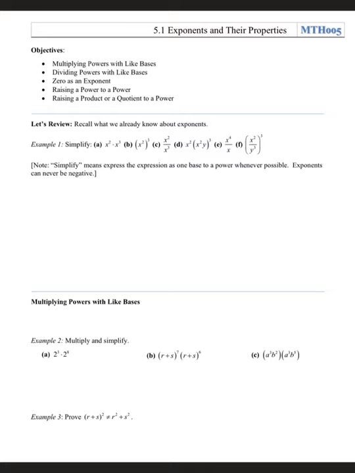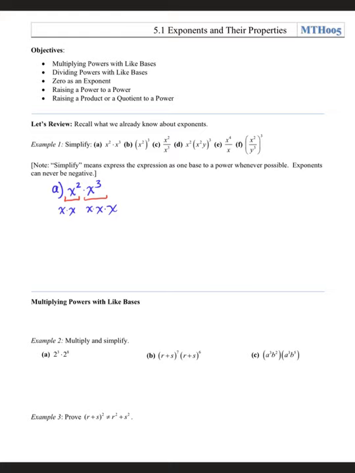For the first one that we have, it says simplify. We have x squared times x cubed. Now, what we know about exponents, we can take this x squared and create from that x times x. We know that x cubed means that there are three x's, so that would be x times x times x.